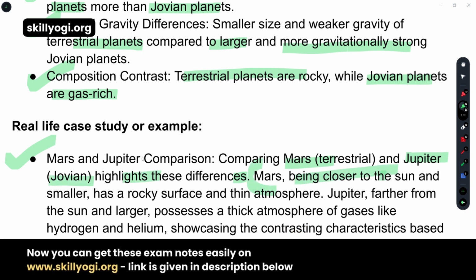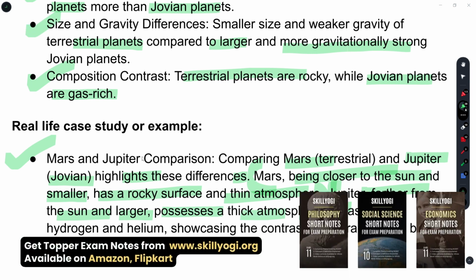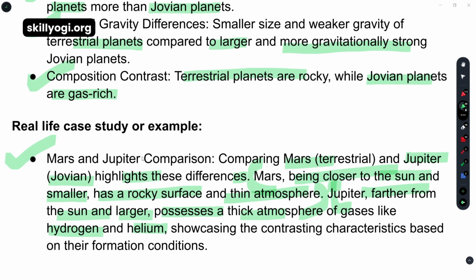Mars, being closer to the Sun and smaller, has a rocky surface and thin atmosphere, whereas Jupiter, farther from the Sun and larger, possesses a thick atmosphere of gases like hydrogen and helium. So these are the contrasting characteristics on the basis of their formation conditions.